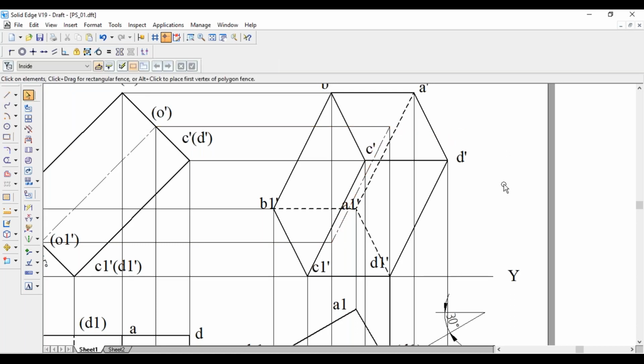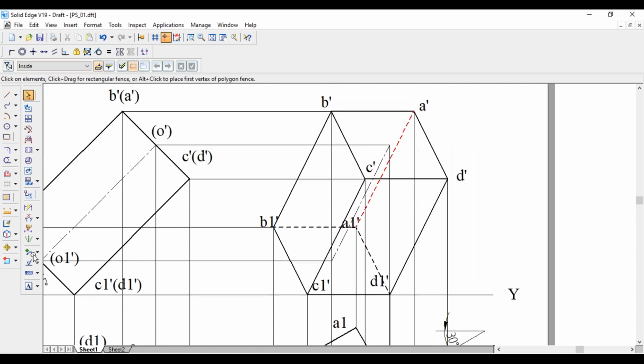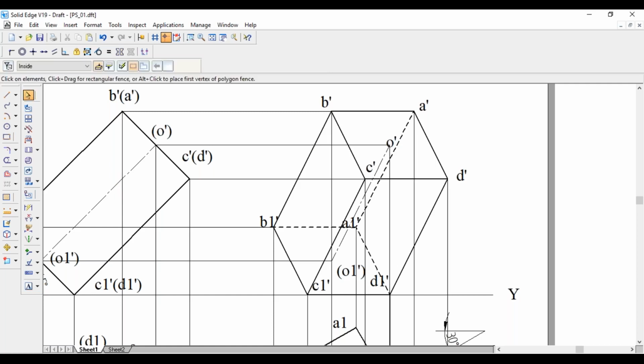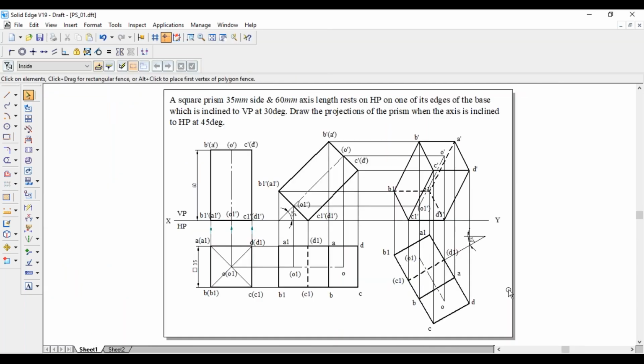As the top face is visible, this point is visible, so this is O dash. Whereas the bottom face is invisible, so this is in the bracket O1 dash. And always remember, any corner that is invisible is made up of 3 dotted lines.